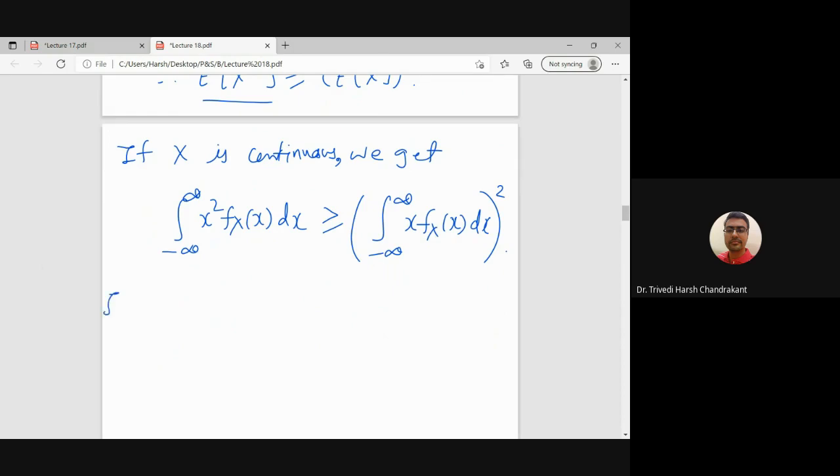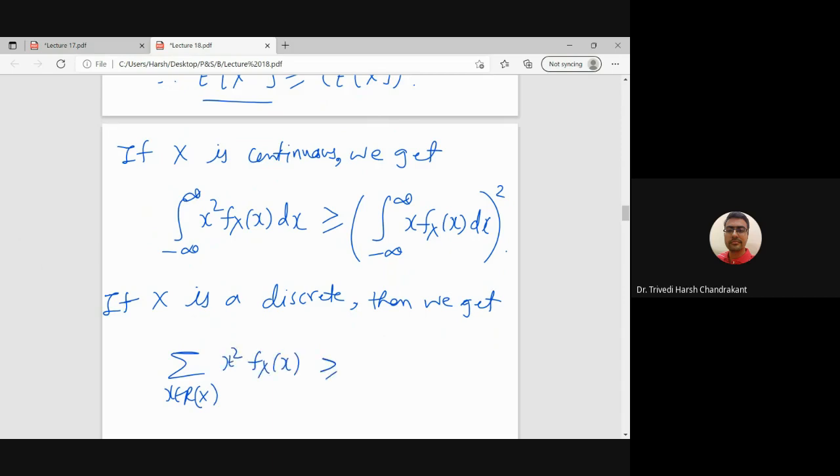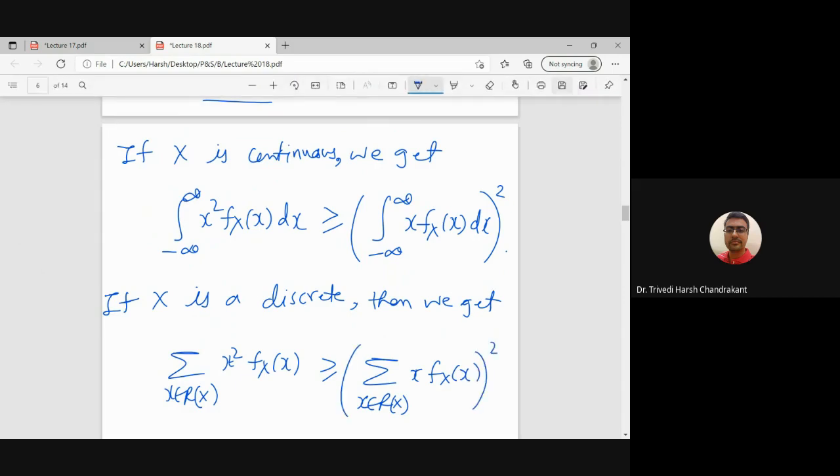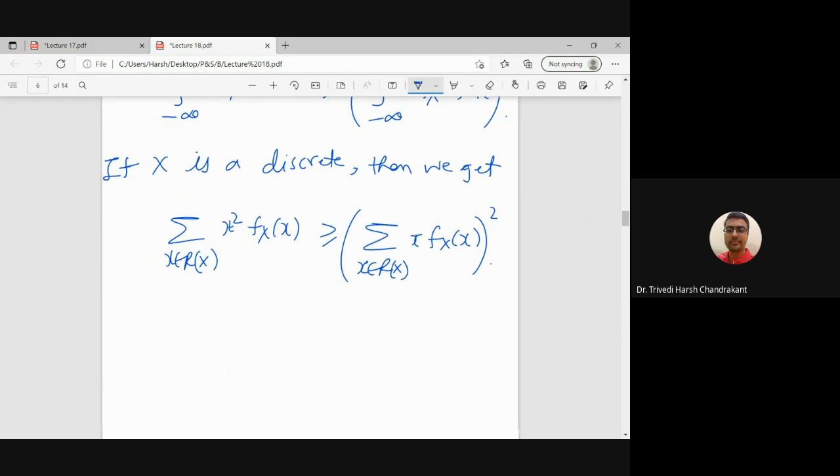So let us consider the discrete case. If x is discrete, then we need to replace the integration by summation, which is greater than or equal to the square of the summation of x f_x(x).